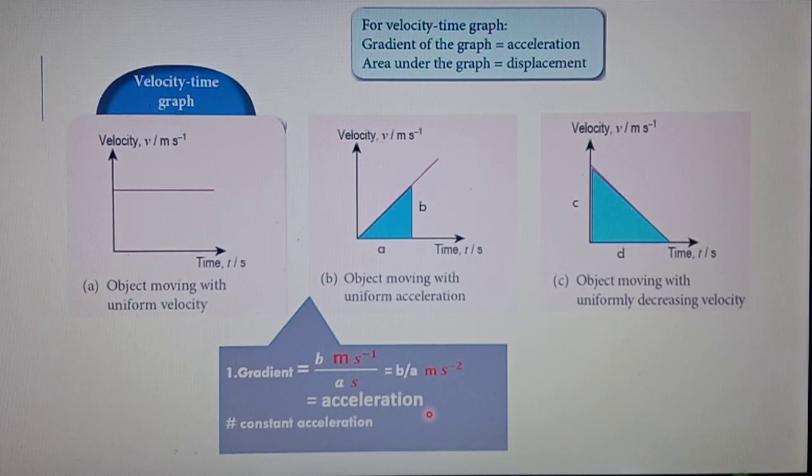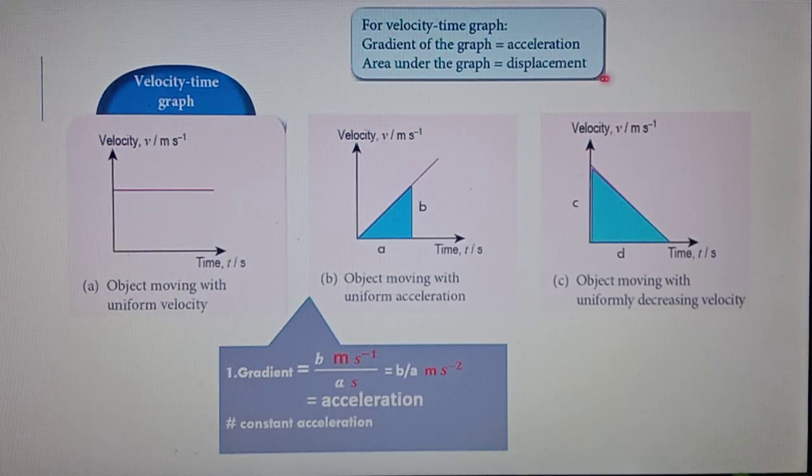Thus, we can conclude that the gradient of the v against t graph equals acceleration. So this straight line graph produces one constant gradient, thus constant acceleration. So the type of motion is object moving with uniform acceleration.